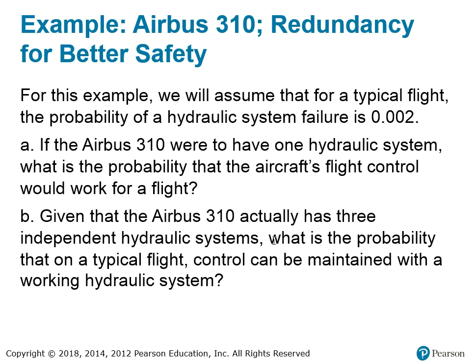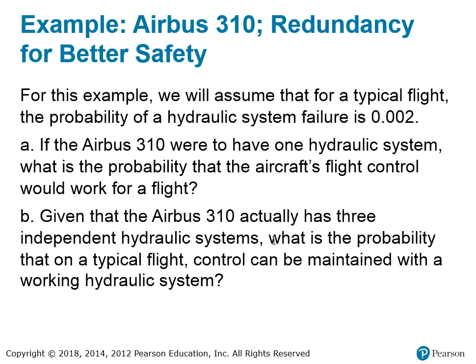So for this example, we will assume that for the typical flight, the probability of a hydraulic system failure is 0.002. So A, if the Airbus 310 were to have one hydraulic system, what is the probability that the hydraulic system would work for a flight?